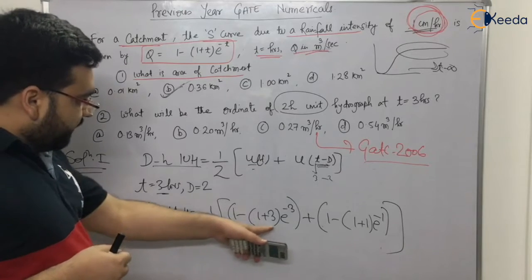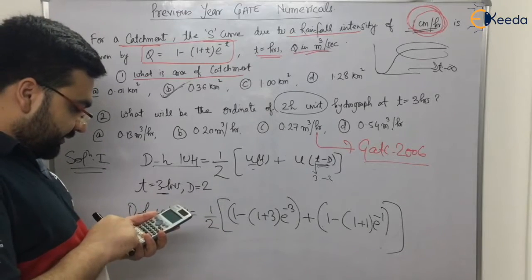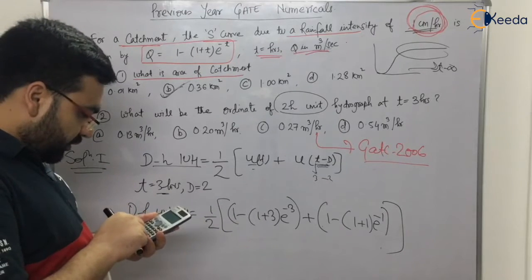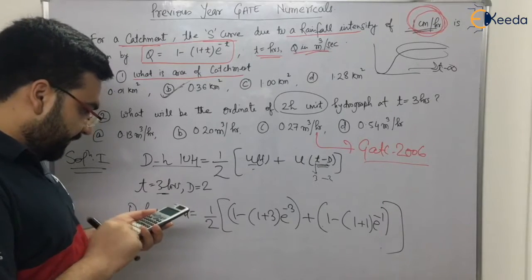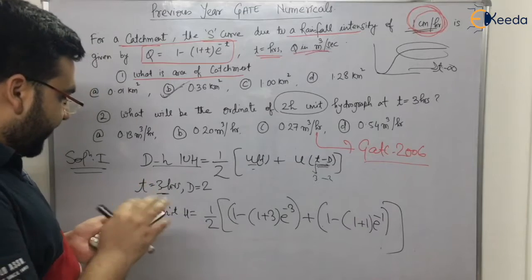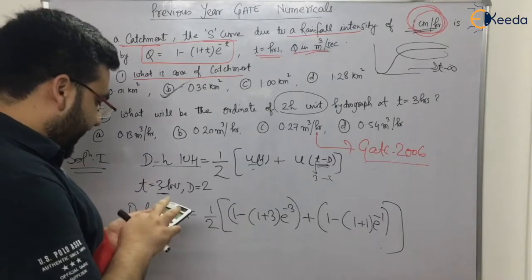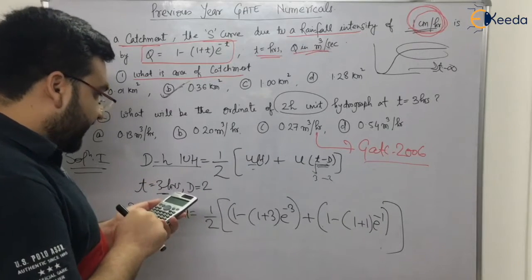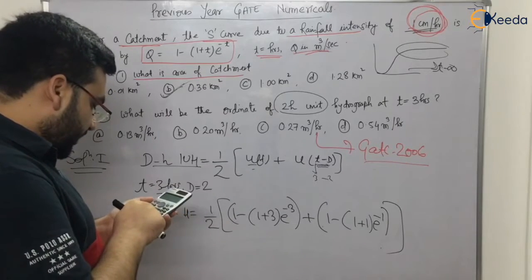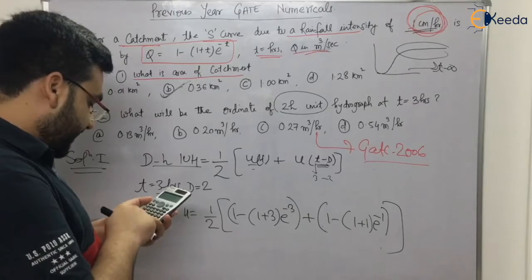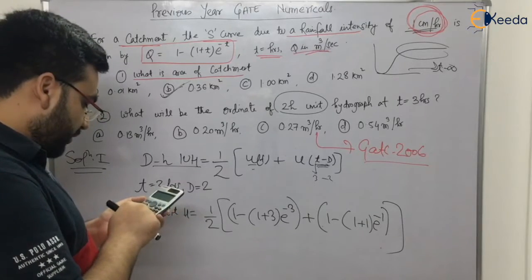So it will be 4. So 1 minus 4 into e raised to the power minus 3. This is 0.880, and plus, in bracket I have 1 minus 2 into e raised to the power minus 1, bracket close.